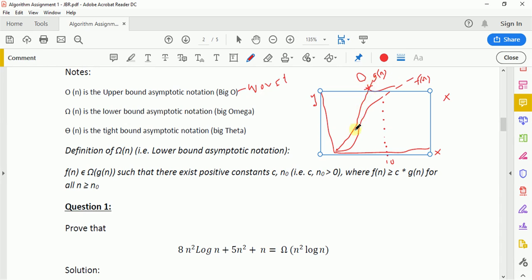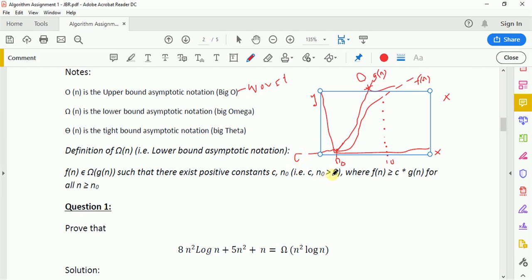Let's assume that there's a point here before the x-axis, at the point here, n0, and this is c.